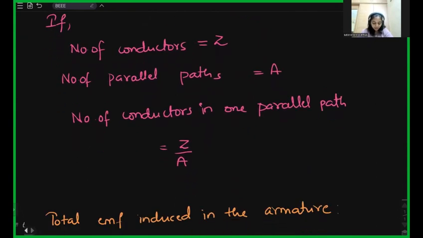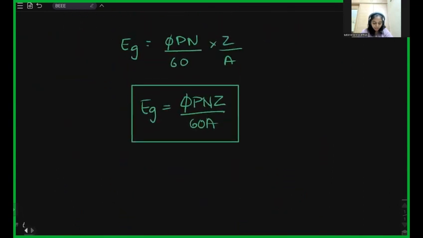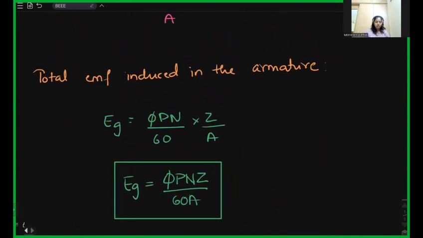Now this Z by A is multiplied with the previous equation, and we get the EMF which is actually generated in the whole DC motor. So Eg is given by phi P N Z by 60A. This is a very important equation because it is referenced in a lot of further derivations. So yes, this is the EMF generated.